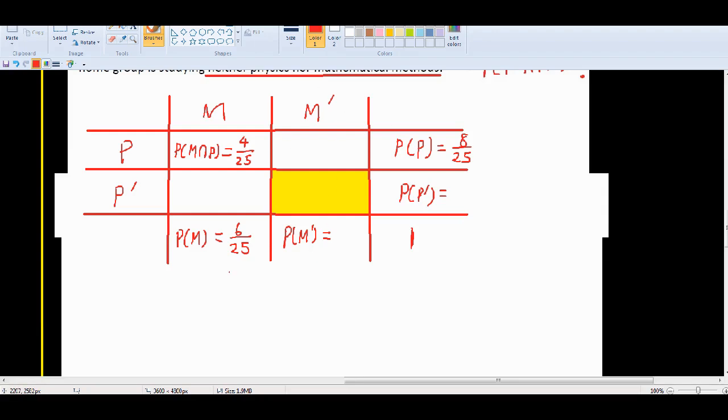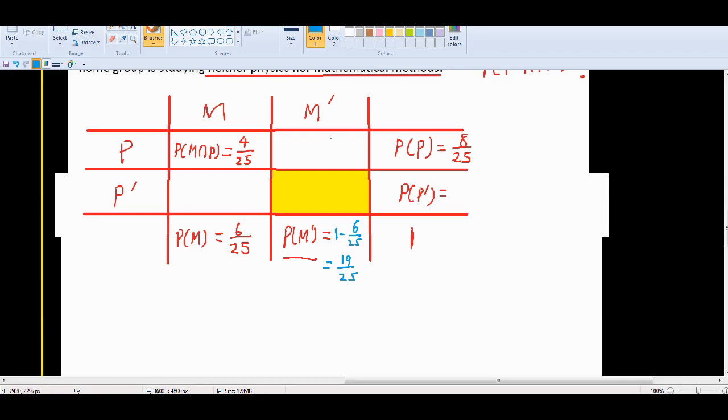If we consider the column for P(M'), that means the probability of not studying math, we know that this number should equal 1 take away 6 over 25, right? Because the two probabilities add together to equal 1, because they are complementary events. So that's how we get this number.